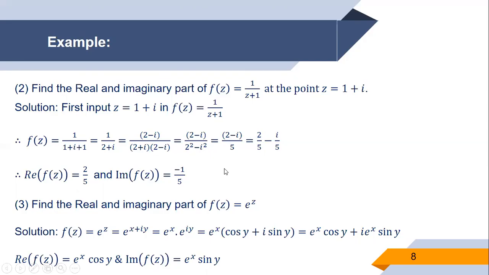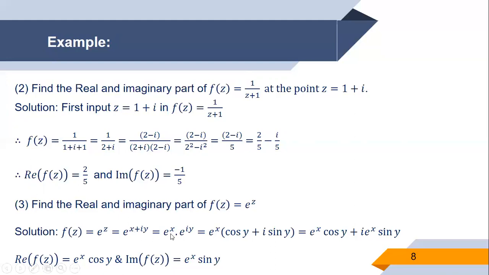Now another example, find the real and imaginary part of the function f of z is equal to e raised to z. In this function, e raised to z is nothing but e raised to x plus iy.